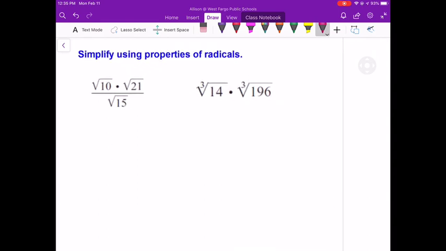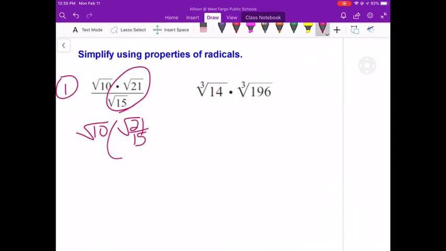So here, in this first example, 10 over 15 could be simplified. 10 and 15 are both divisible by 5, but 21 and 15 are both divisible by 3. I'm trying to decide which one would be easier to divide first. Maybe get rid of the 21. So I'm going to put those together and say square root of 21 over 15.